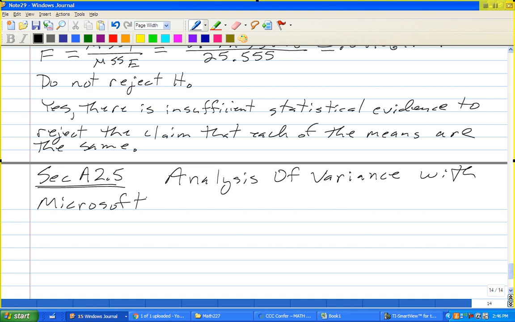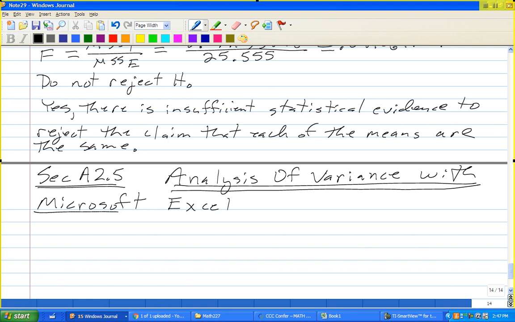Actually, section 4 is much longer and the notation is much worse, so we won't go over that because it would take much too long. Okay, so analysis of variance with Microsoft Excel. I'll do the same example, and I'll put all the data into Excel instead.